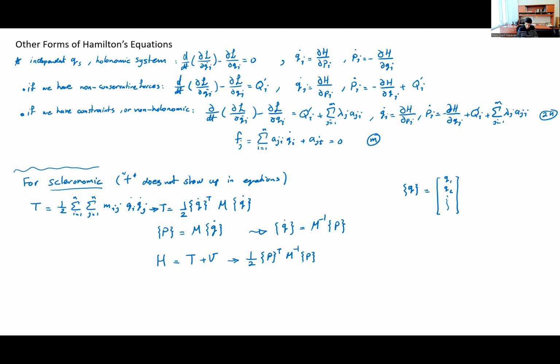So this is the kinetic energy written in terms of the momenta, plus V. And V is itself a function of the q's.